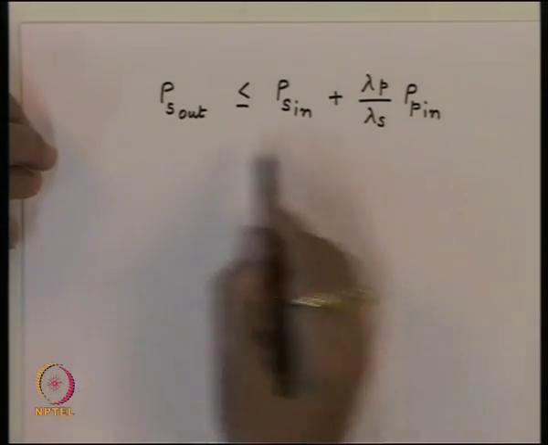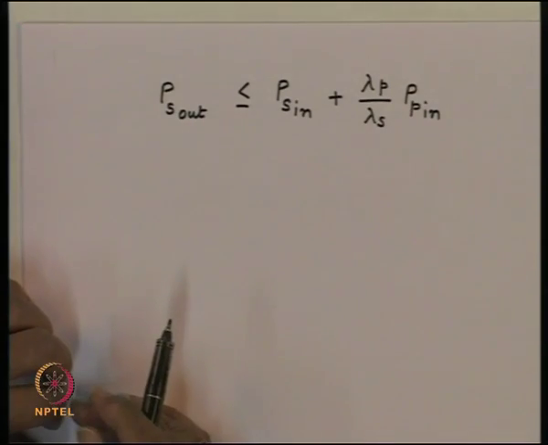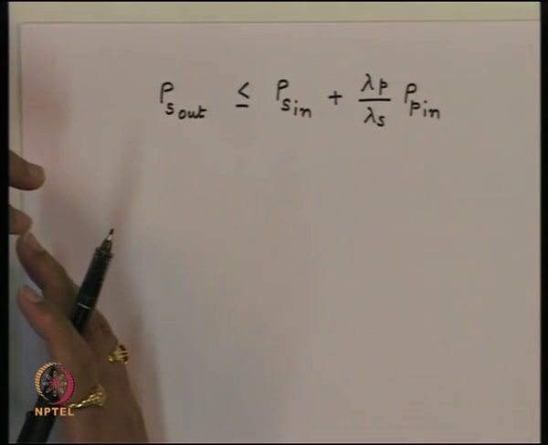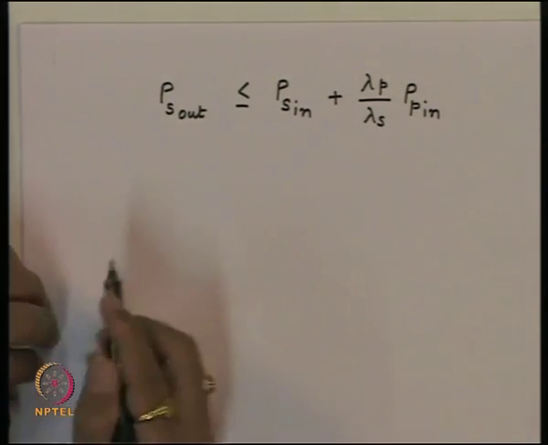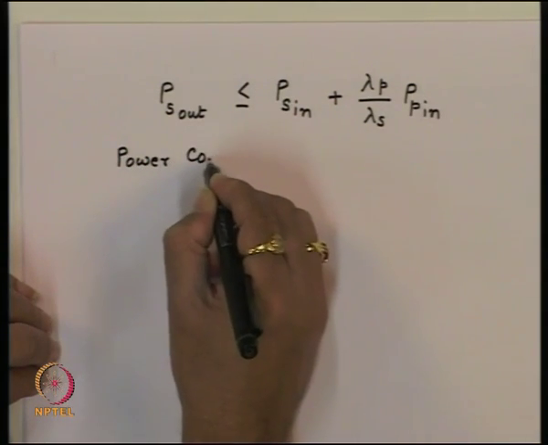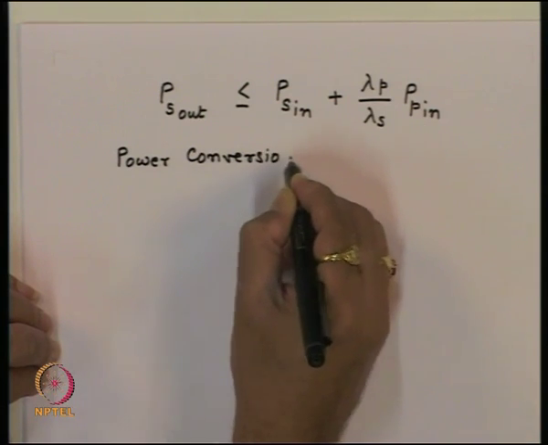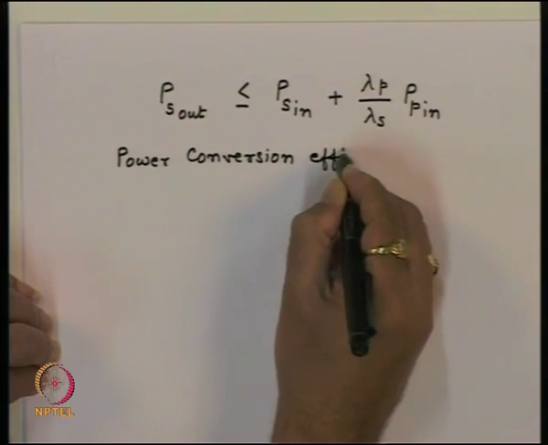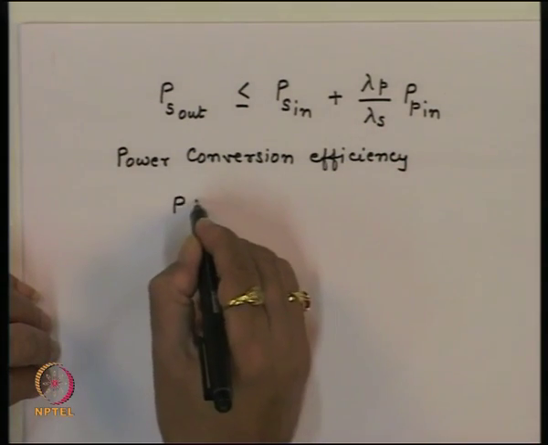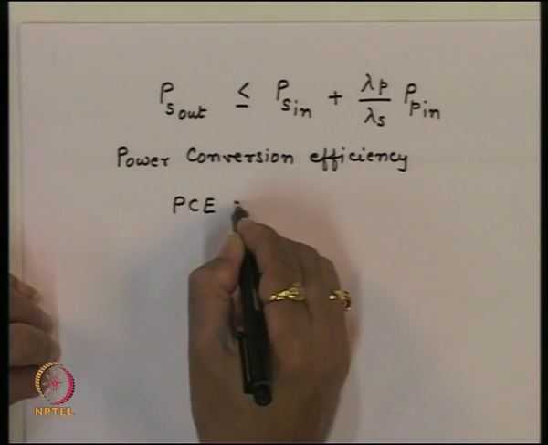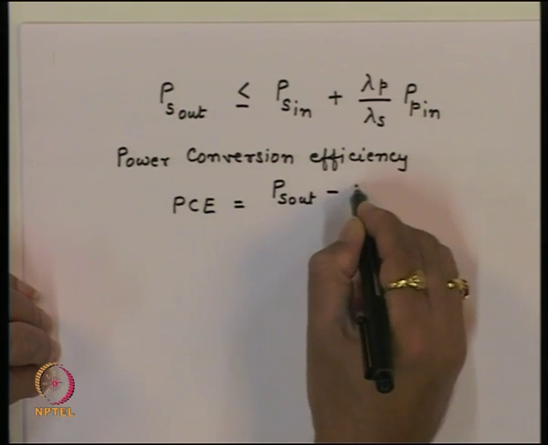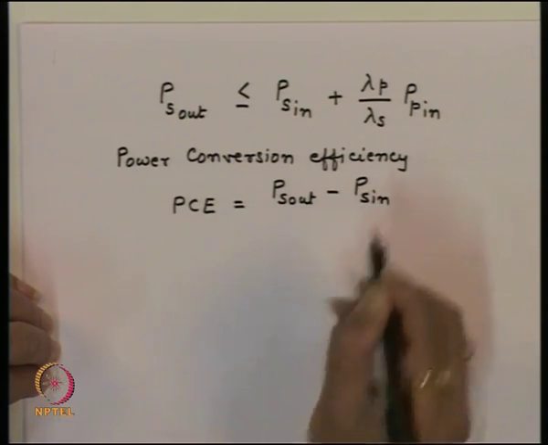Now the quantity of interest is the power conversion efficiency: for the certain power we have put into the pump, how much power could we extract into the signal. So we have a parameter for the amplifier called the power conversion efficiency, PCE, which is equal to the signal output power minus the signal input power.